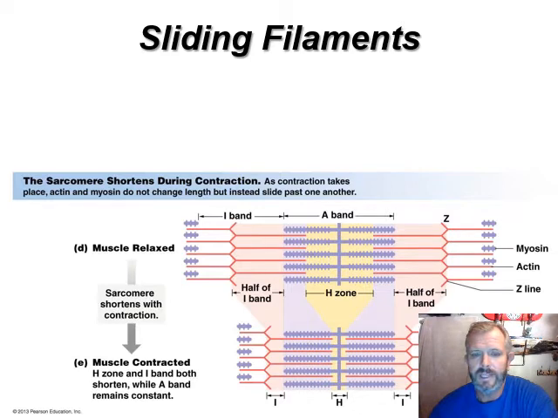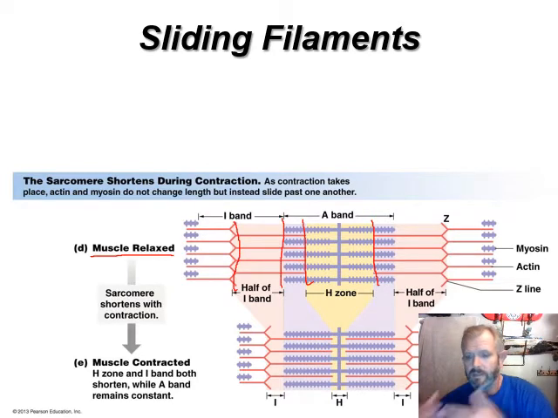So you can see what's happening looking at our sarcomere when our muscle is relaxed. When contraction is not taking place, you can see there is overlap between the thin and thick. You can see the H zone. The H zone is that thick filament only. The I band is thin filament.